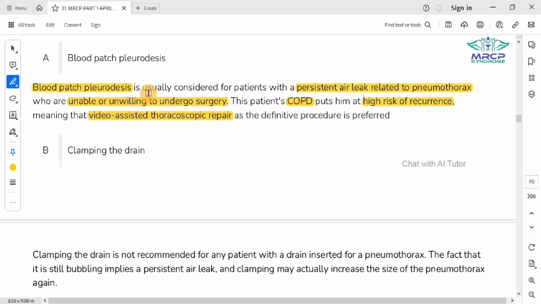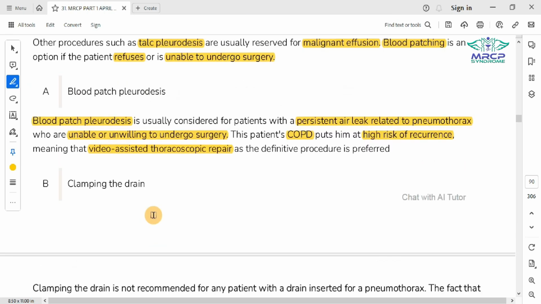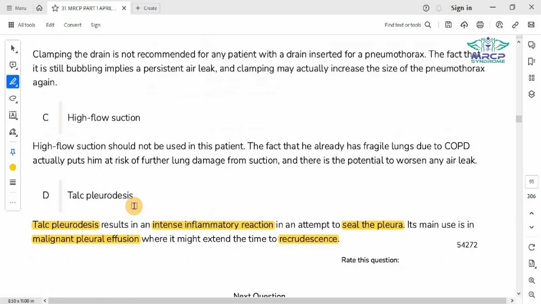Blood patch pleurodesis is usually considered for patients with persistent air leak related to pneumothorax who are unable or unwilling to undergo surgery. This patient's COPD puts them at a high risk of recurrence, meaning the video assisted thoracoscopic repair is the definitive procedure, and this is preferred.